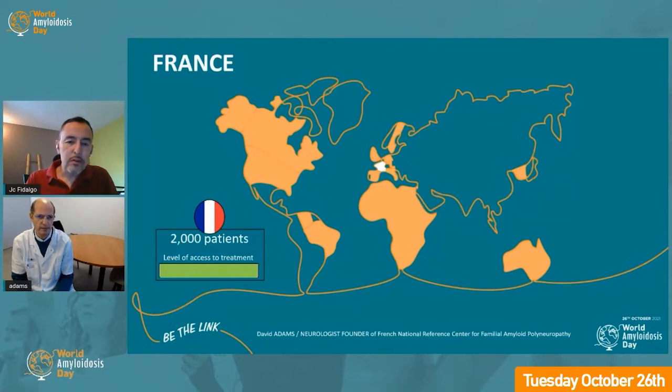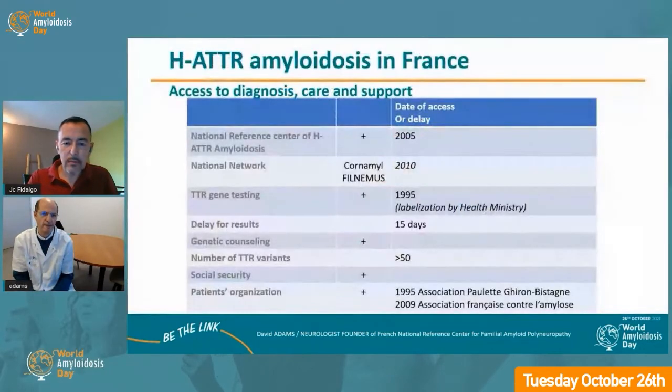Can you tell us the major milestones in the history of hereditary amyloidosis treatment? Next slide. Yes, the first patients with ATTR amyloidosis with polyneuropathy were diagnosed 30 years ago in France, so it's not so far.